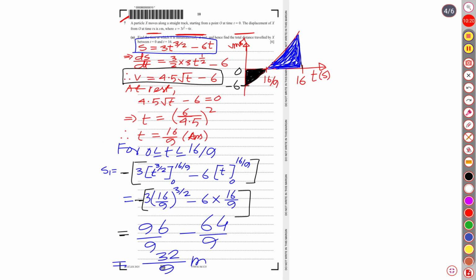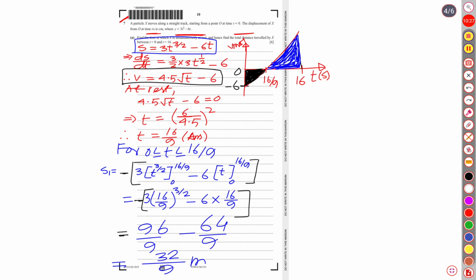Then for the second phase, let me change the ink. Okay, we will write, for the second phase our time is from 16 over 9 until 16 seconds. Let it be termed as S2, the second phase or second part of the displacement, S2.